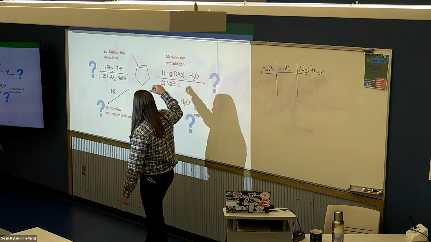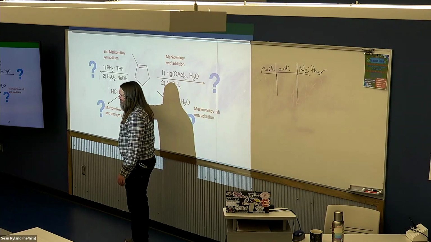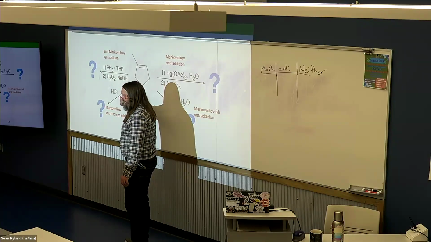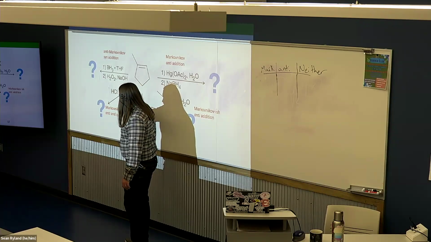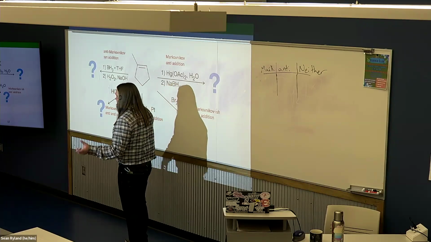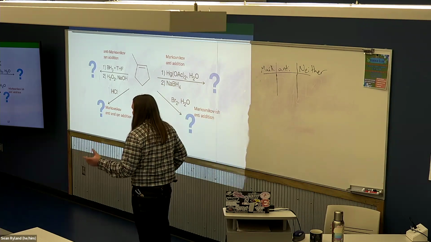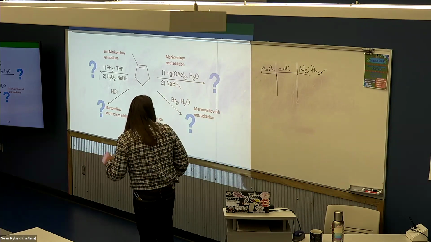The first one we had was hydrogenation. HCl, so it's acid catalyzed addition. Markovnikov. It's anti and it's syn, because you're going to lose that stereochemistry because it's got that carbocation intermediate.